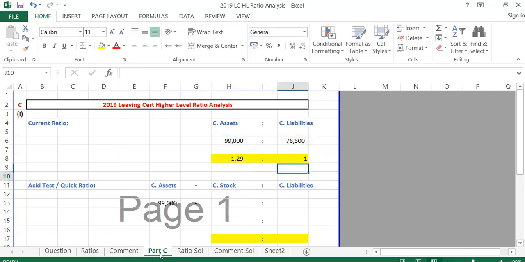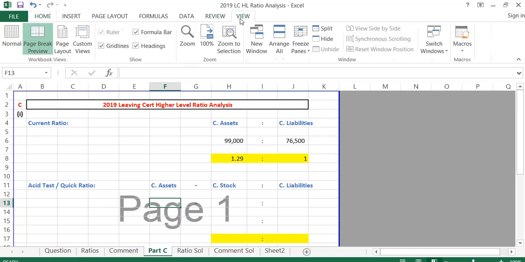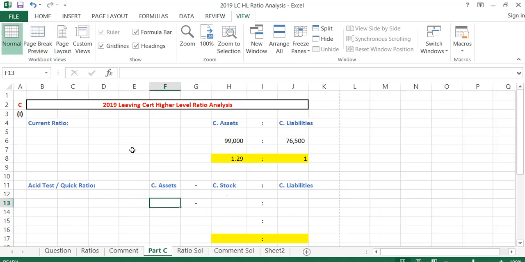My acid test or quick ratio is very similar to my current ratio, only though from current assets I take away closing stock. And we already have it worked out in part B for Shannon PLC itself, but now we're going to do it for Ceret. So the current assets are 99,000. I've worked that out here. The current assets are 99,000.